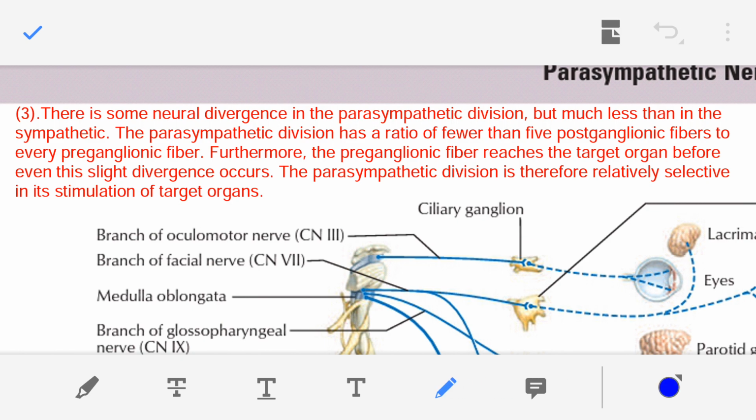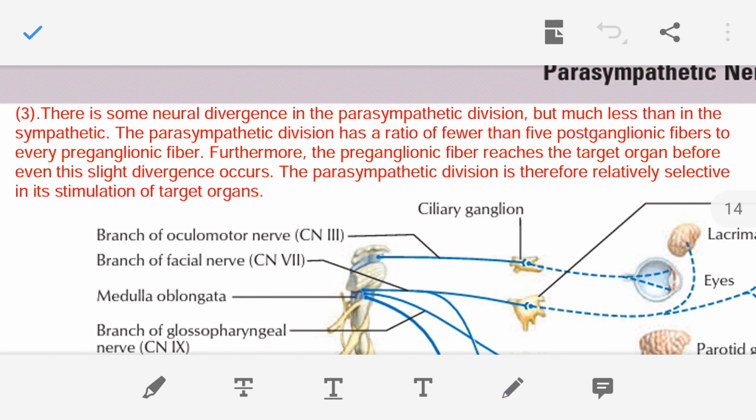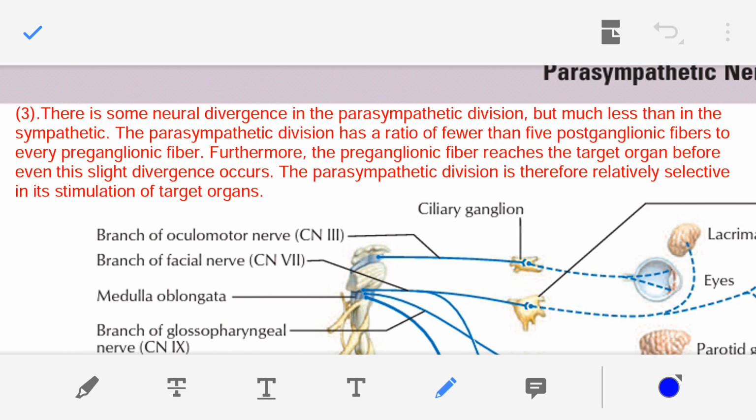Now, the parasympathetic division has a ratio of fewer than 5 postganglionic fibers to every preganglionic fiber. What is the meaning of this?